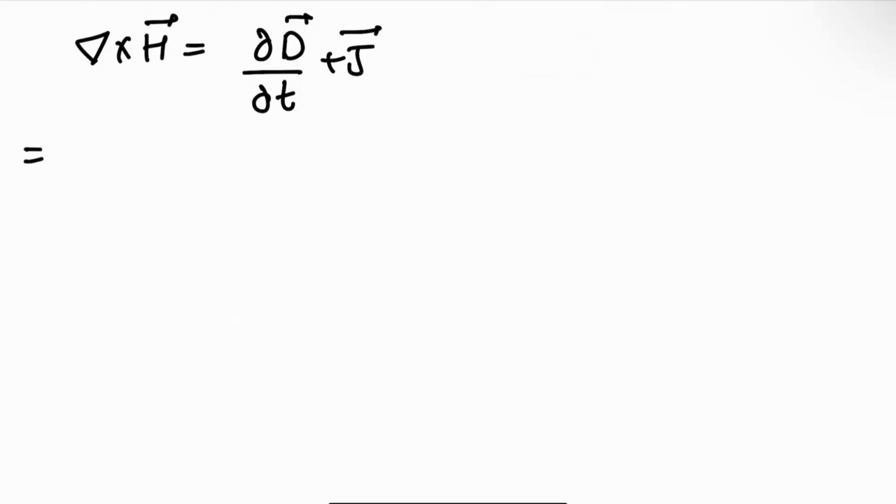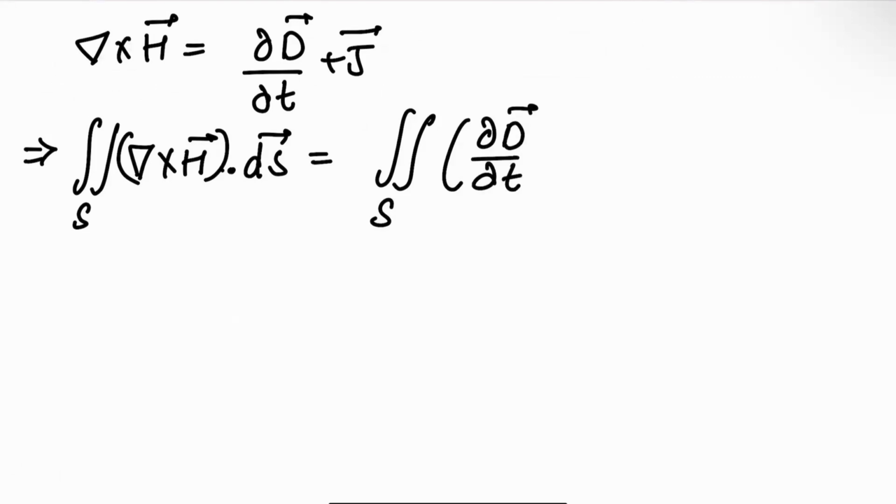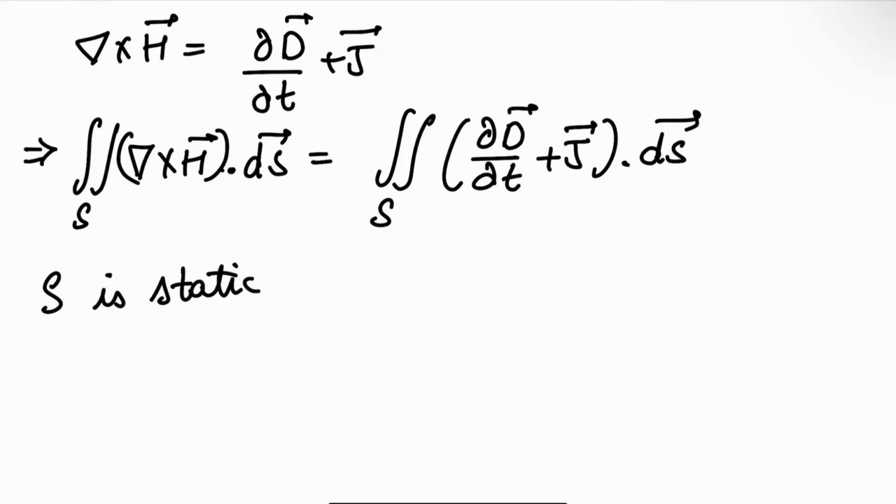We can take the surface integral on both sides over some surface S, dot dS, which is equal to the surface integral of dD/dt plus J dot dS, right? And here I'm assuming that S is stationary. We'll revisit this in a few minutes, but assume S is stationary.